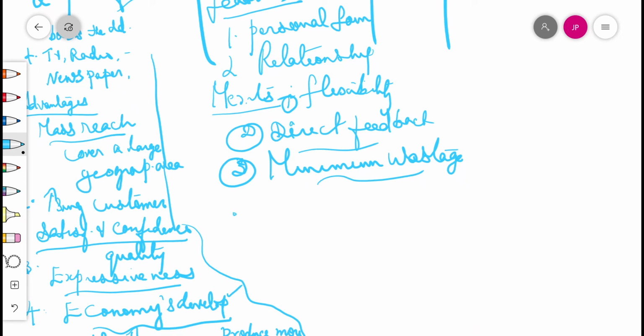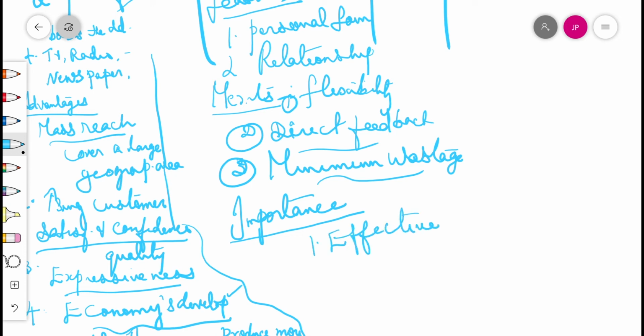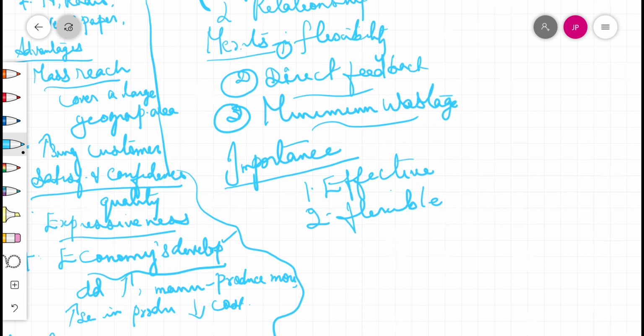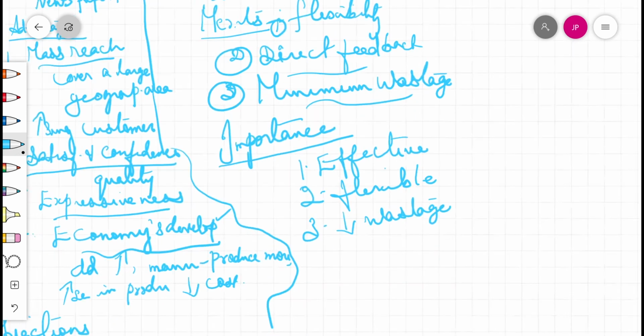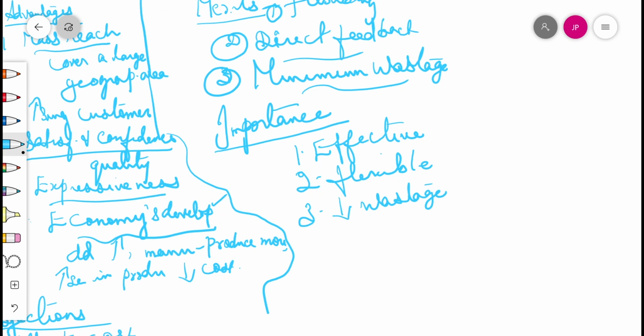So the importance or role of personal selling: it's an effective tool, it's a flexible tool, and it minimizes the wastage. It gives customer attention and lasting relationship.